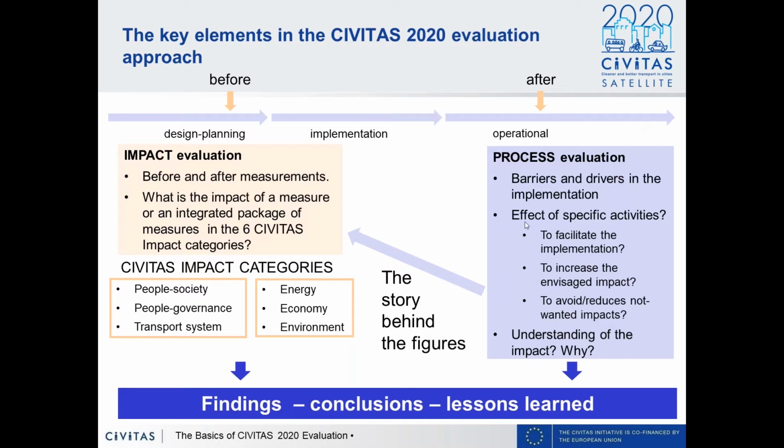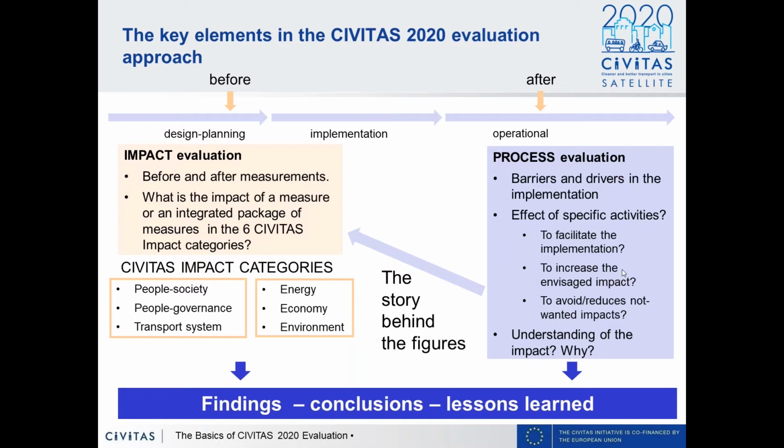And on the other hand, we also wonder what specific elements in that measure are important, what specific activities we can add to a measure to make, for instance, the implementation of that measure more easy, but also to increase the impact we want to reach for that measure.